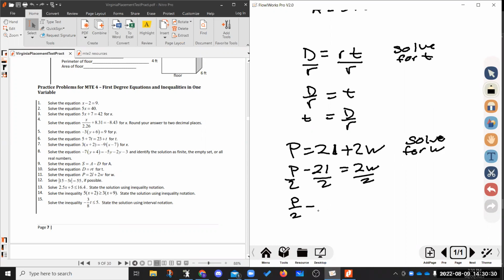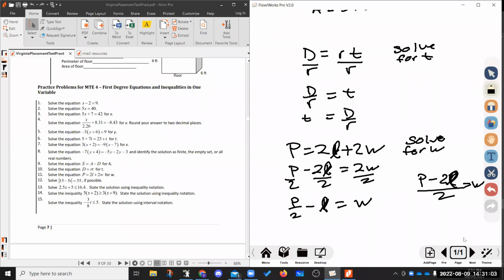P divided by 2 minus L is equal to W. It would be also correct to say P minus 2L all divided by 2 is equal to W. That's just a little more complicated. Let's make sure that you know that this is an L and not a 1. I'm going to write it in cursive so that you know that that's an L. Okay, there we go.